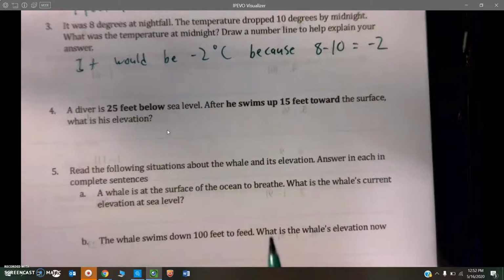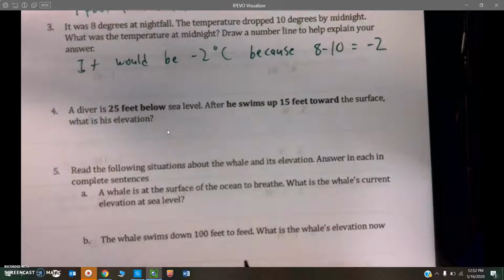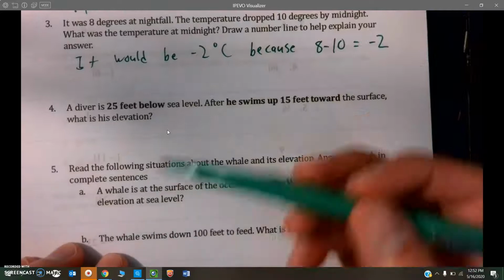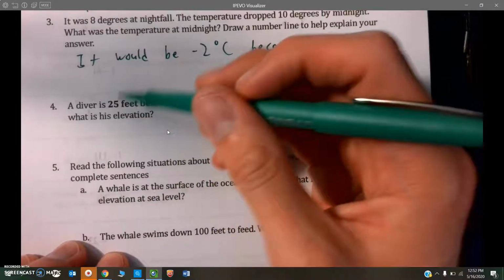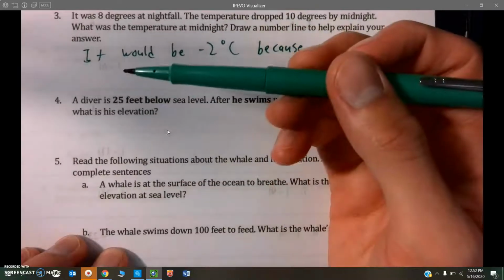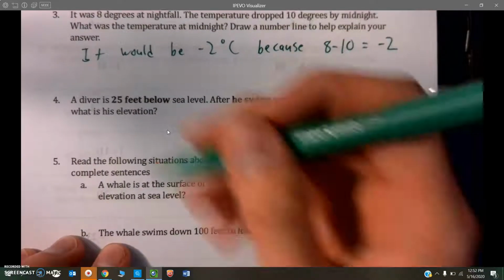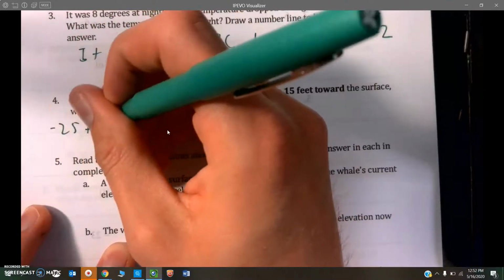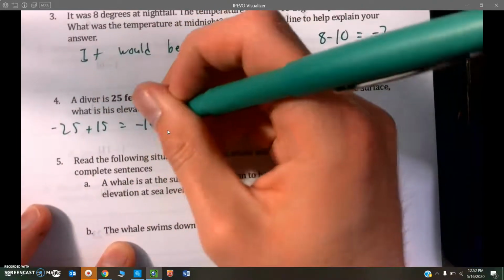Now a diver is 25 feet below sea level and he swims up 15 feet towards the surface. What is his elevation? So his elevation starts at -25 because he's below sea level, and then he swims up. So he's coming closer to the surface. And so -25, up is positive, plus 15 is -10.